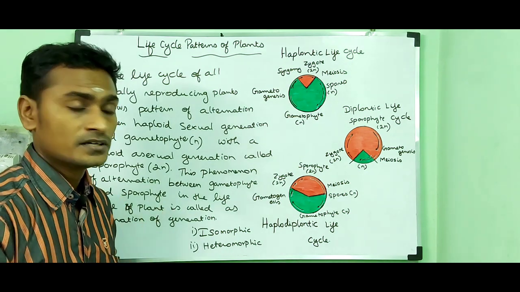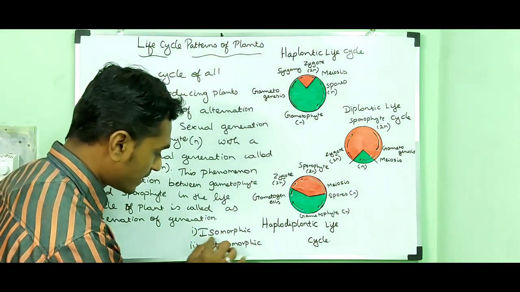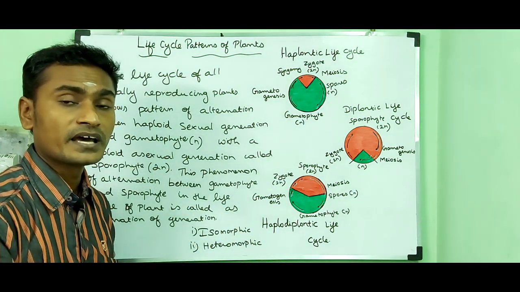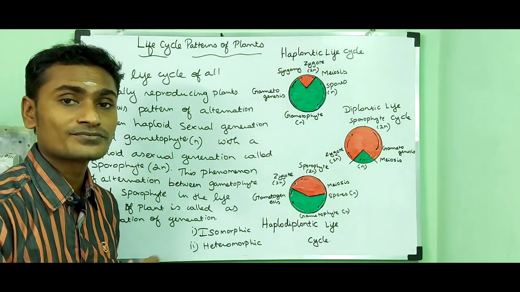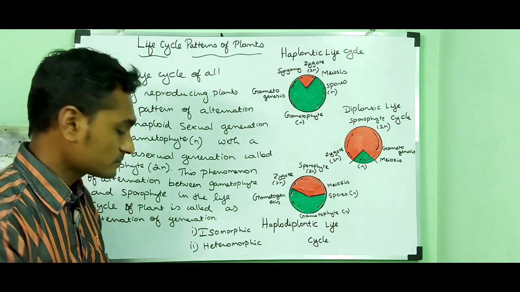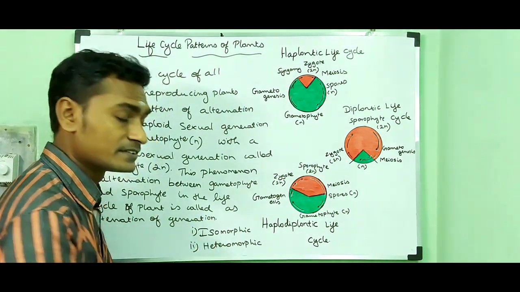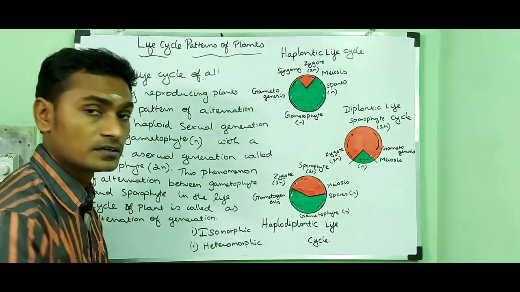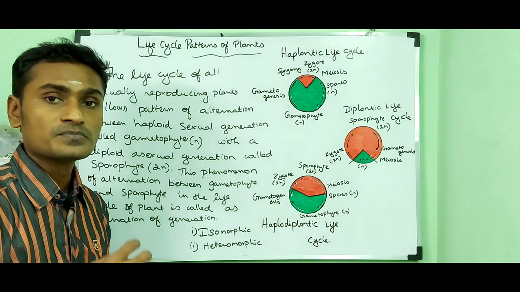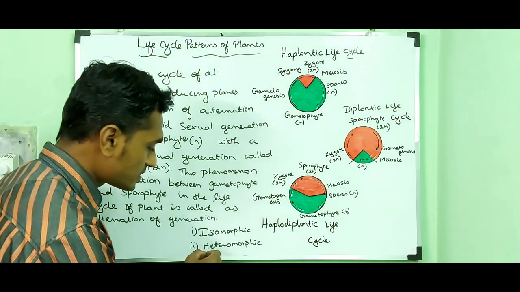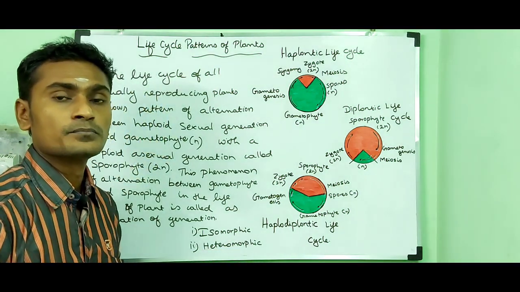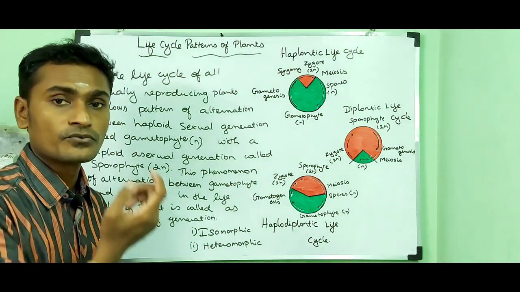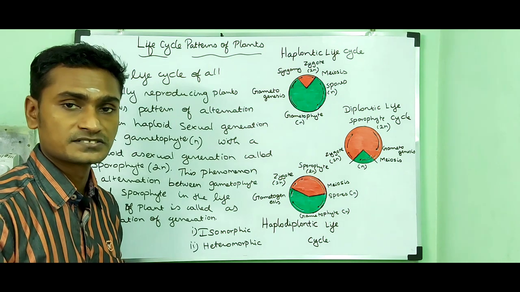While in heteromorphic, the sporophyte and the gametophyte are morphologically dissimilar. An example for isomorphic alternation of generation is some algae, while examples for heteromorphic alternation of generation are bryophytes and some higher plants.